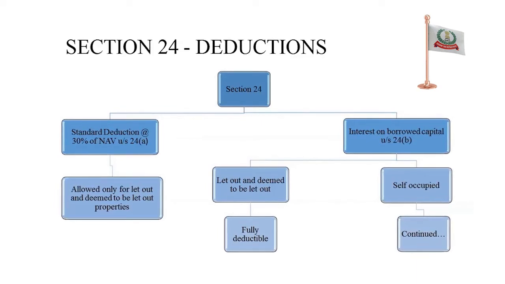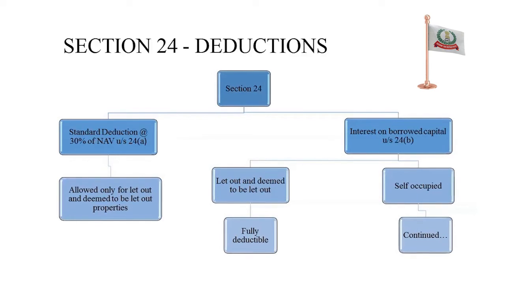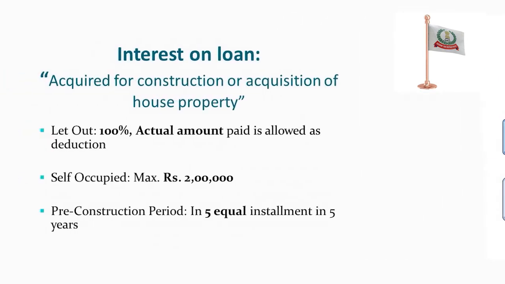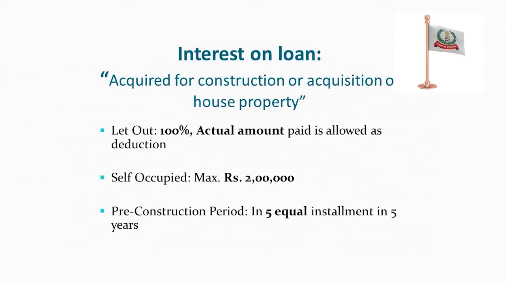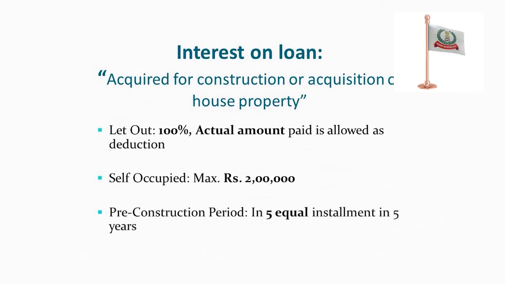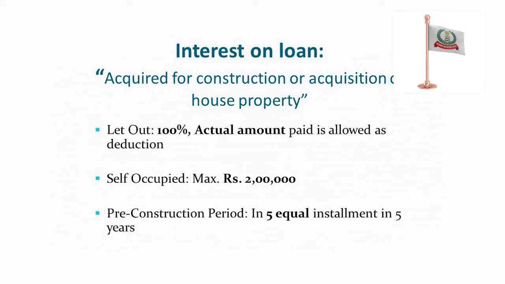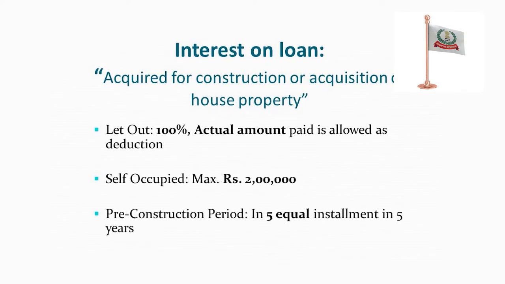Such interest on loan has been categorized into three parts from the tax perspective. Part A, for let out property. Here, 100% interest is allowed as a deduction, where loan has been taken for the purpose of construction or acquisition of the house property. Here, actual amount of interest paid or payable is allowed as a deduction.